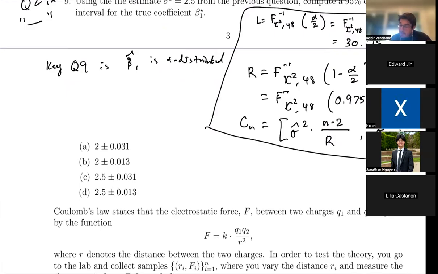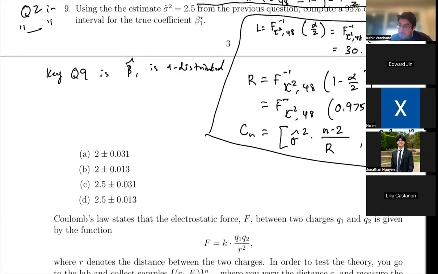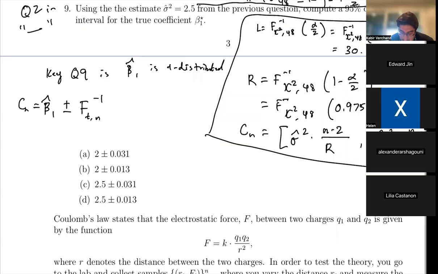And in particular, if we use question 2 in this exercises sheet, the confidence interval that's given here is beta hat 1 plus or minus F_tn inverse of 1 minus alpha over 2 times sigma hat over the square root of n variance of x. And now we're done, basically.